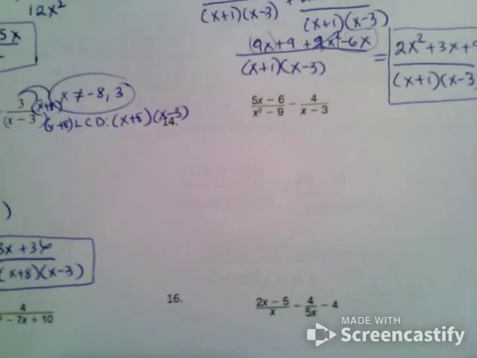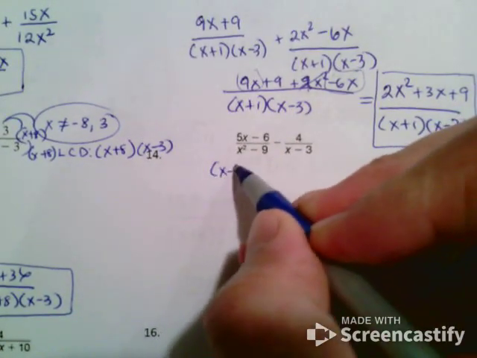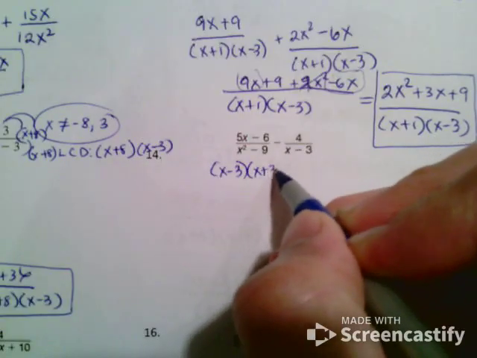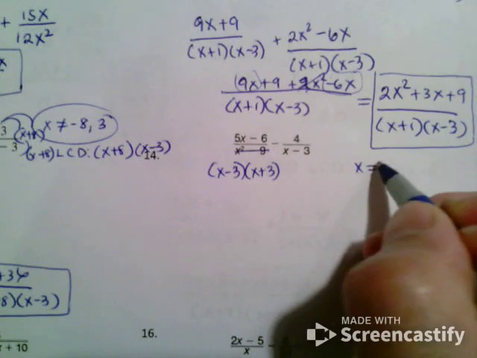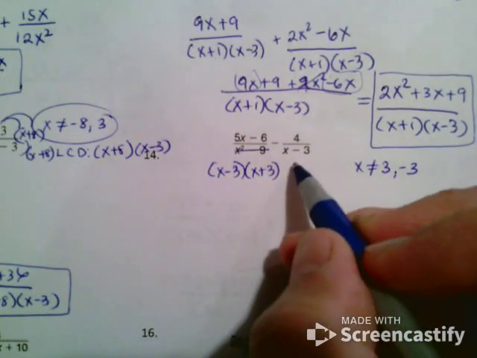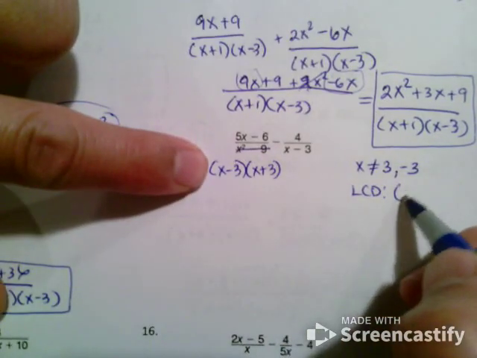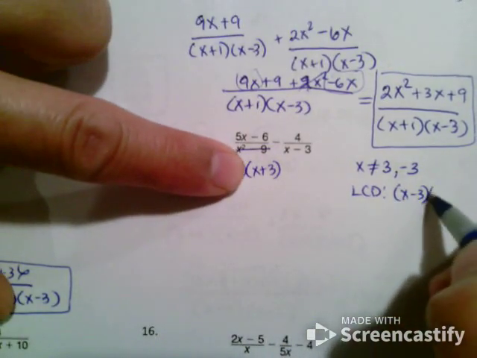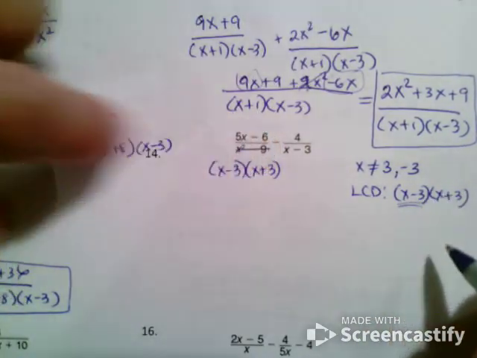Okay, let's try the next one. Okay, we need to factor everything. So this one is the difference of squares. Our restrictions are x cannot be 3 and -3. And then the LCD, this one tells me it needs to have this one, and then this one is already here, so we're good.